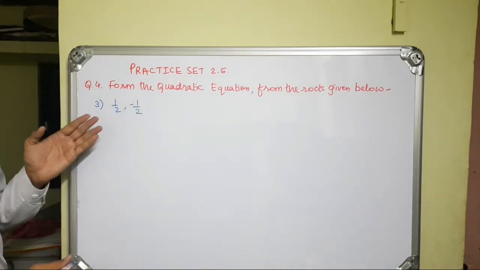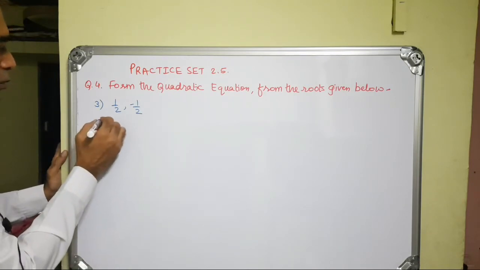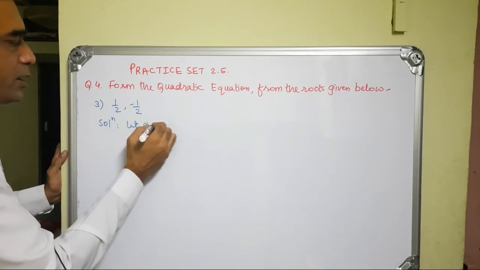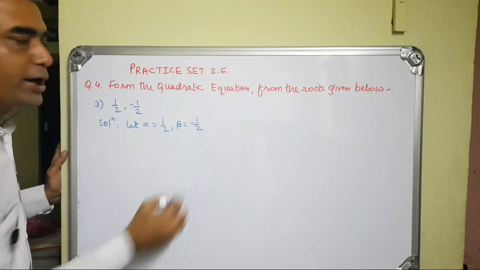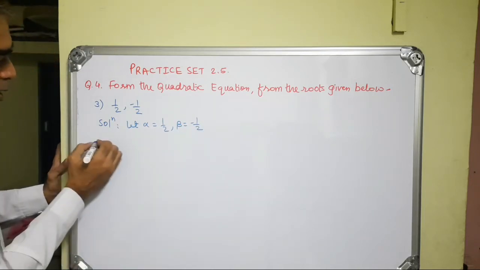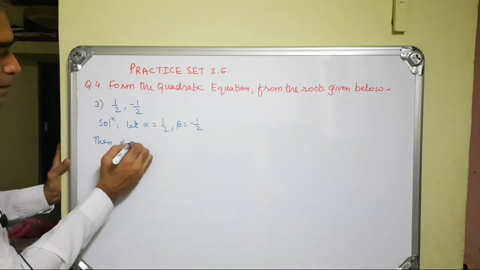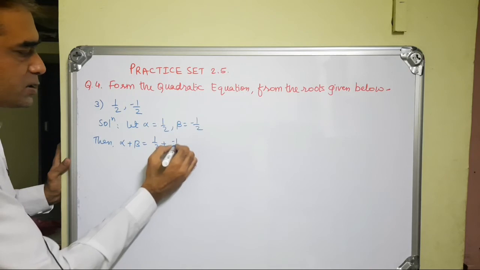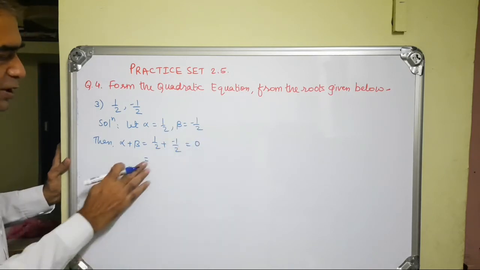Let's solve the third sub question. The roots are 1 upon 2 and minus 1 upon 2. Solution: let alpha equals 1 upon 2 and beta equals negative 1 upon 2. Now alpha plus beta equals 1 upon 2 plus negative 1 upon 2, and this sum equals 0.